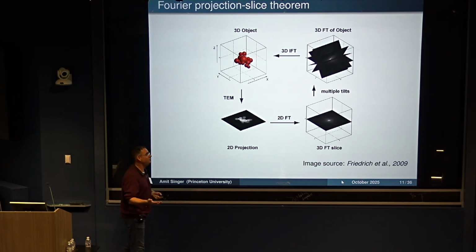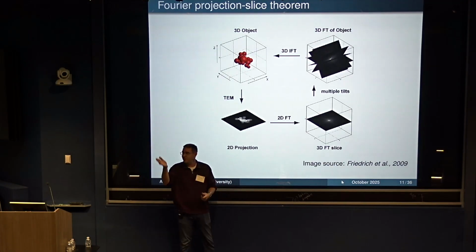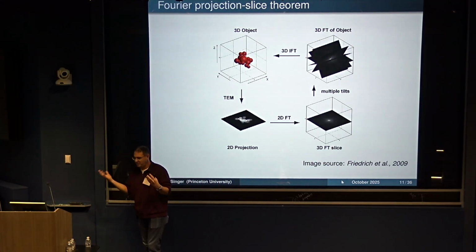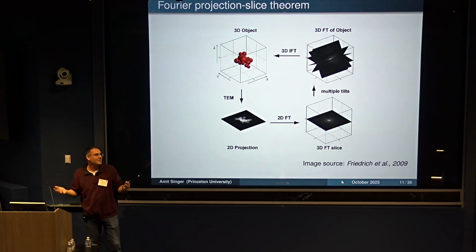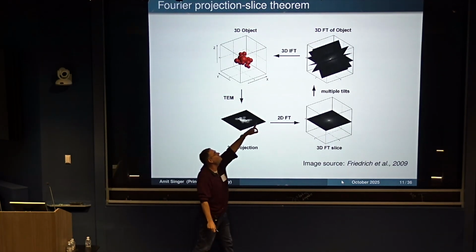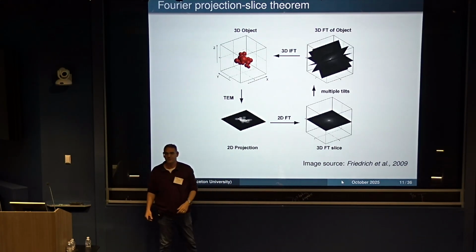So if you take the 2D Fourier transform of projection images, you can populate the 3D Fourier space with planes. And once you sample the Fourier space densely enough, you can then do Fourier inversion and go from the reciprocal space back to real space. And voila, you got your molecule back.